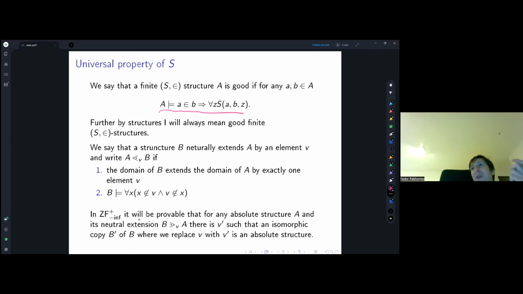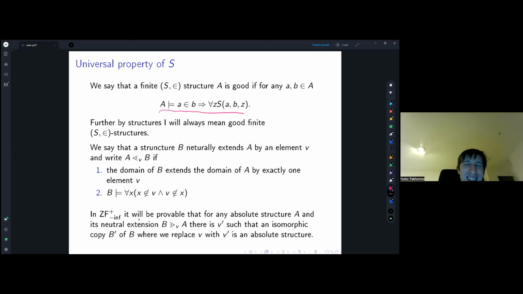This is what we want from fragments of our big S defined on the whole universe, because eventually we want an equivalence, so even for finite fragments we should have this side of the equivalence. Further, if I'm talking about structures, by default I will mean these good finite ∈, S structures.